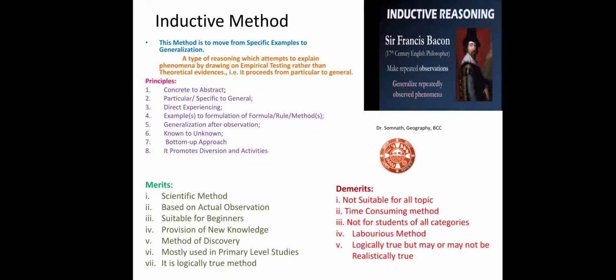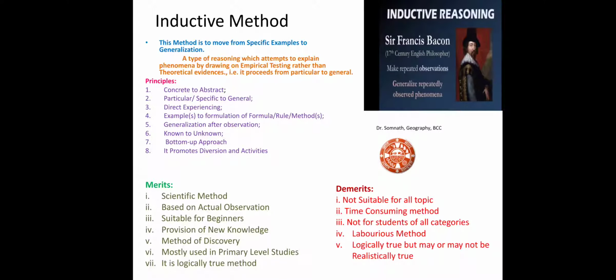Like the deductive method, it also has some principles, like it is from concrete to abstract, from particular or specific ideas to a general conception. It is also based on direct experience. The examples to formulate the formulas, rules and methods will be there also. As I said earlier, it moves to generalization after certain observation.